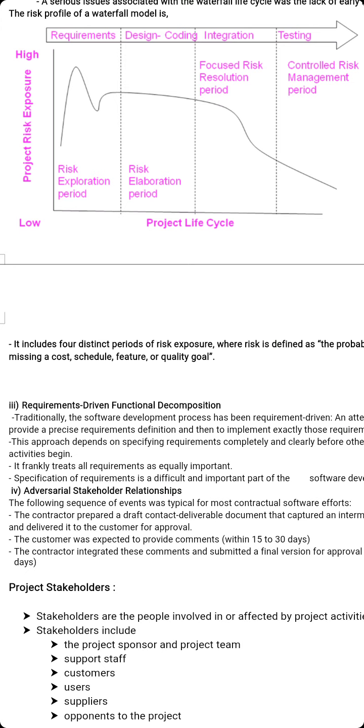Next we are having adversarial stakeholder relationships. The conventional process will result in adversarial stakeholder relationships. That is largely because of difficulties of requirement specification and exchanging of information solely through paper documents that capture the engineering information in ad hoc formats.